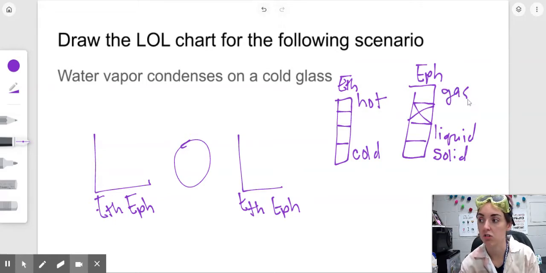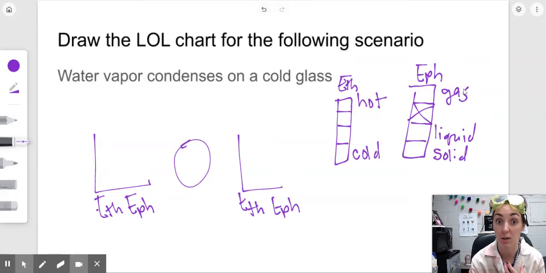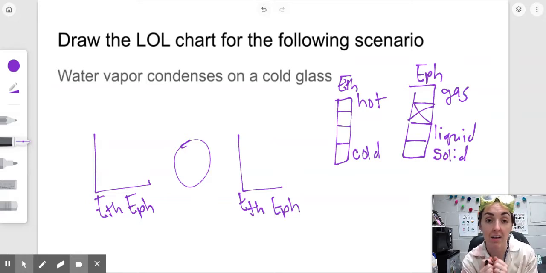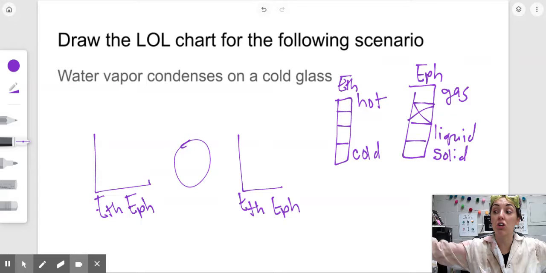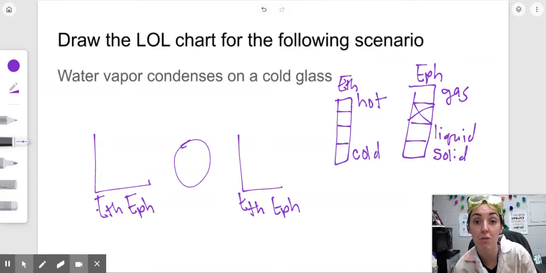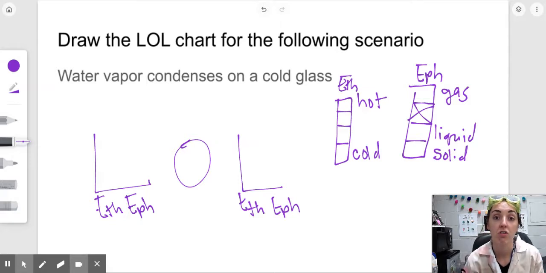And that's because there's such a big difference between a liquid and a gas. Liquid particles are still pretty close together, not as close together as solid particles, but pretty comparable, just a little more disordered. Whereas gas particles are just a huge difference. I mean, a gas is 1,000 times less dense than a liquid. It's a gigantic difference. So we just totally skip that 3 to show it's a really big energy change between a liquid and a gas.